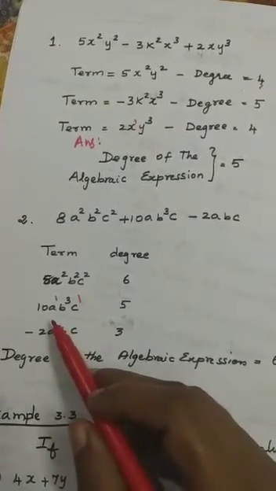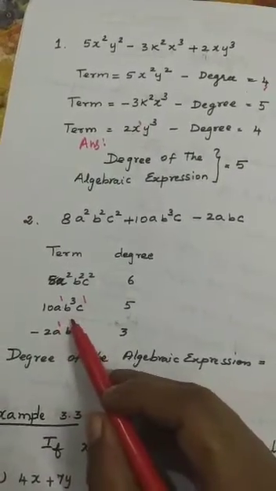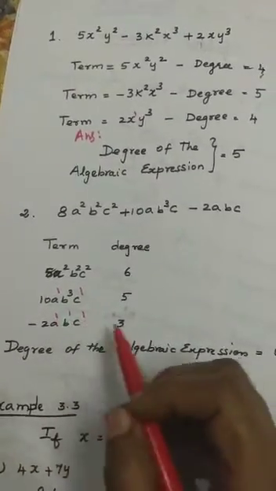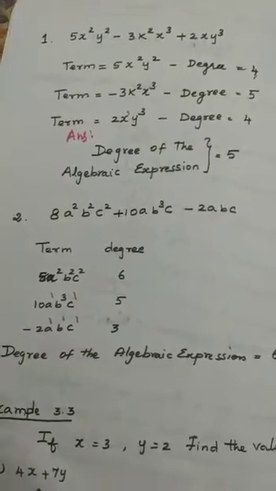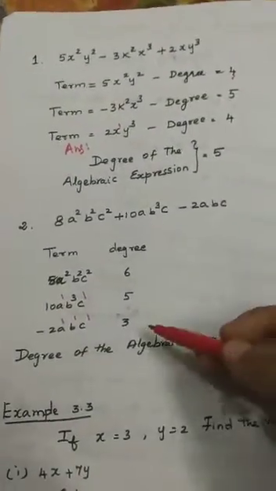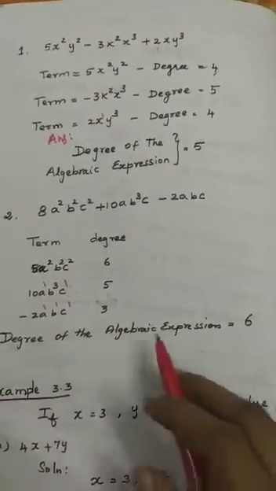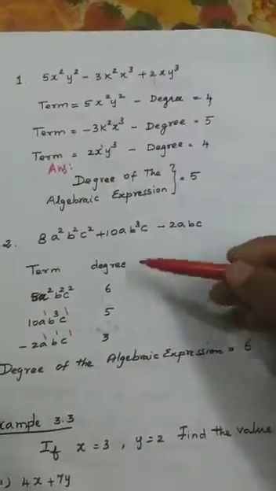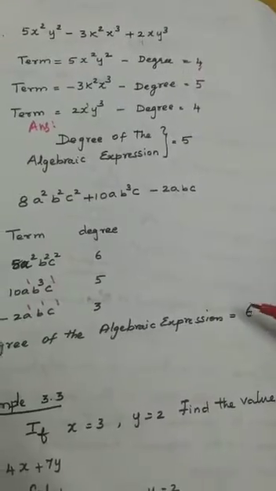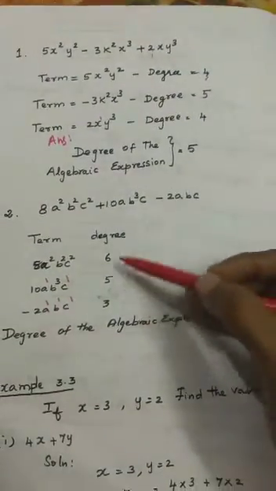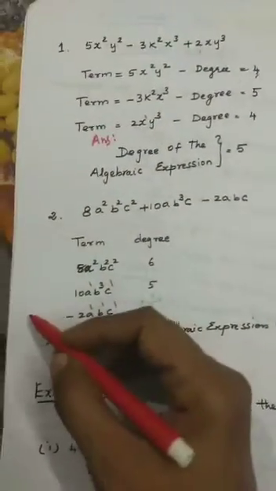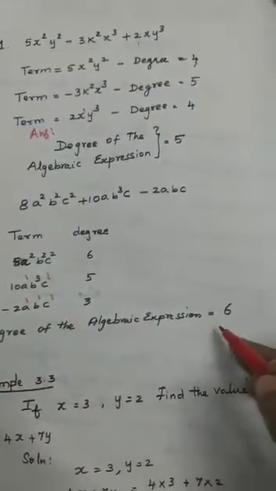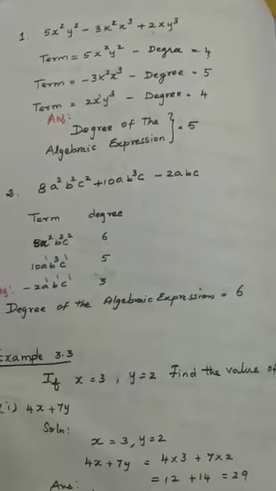Here the degrees are 1 plus 1 plus 1, which is 3. So the third term degree is 3. Then degree of the whole expression is the highest one, 6. So the degree of the algebraic expression is equal to 6.